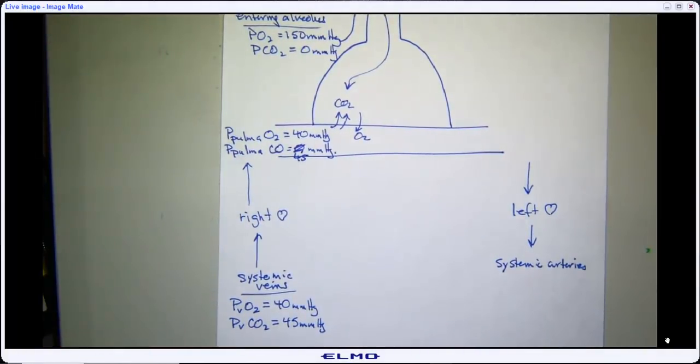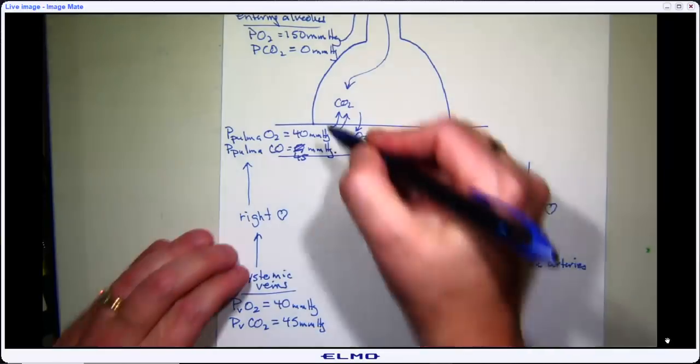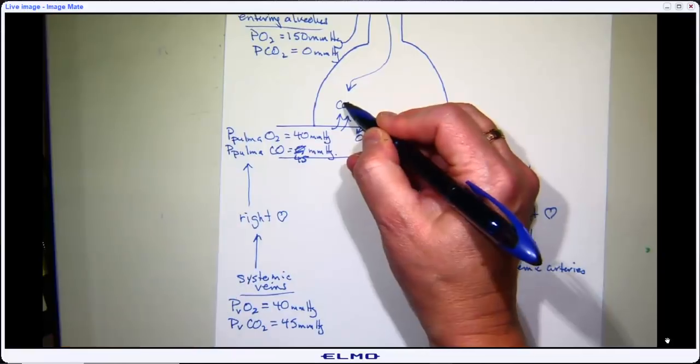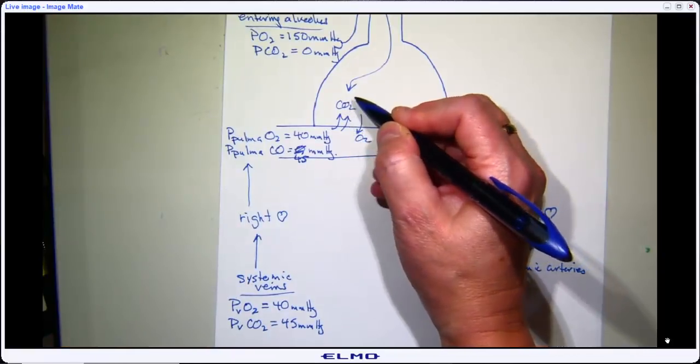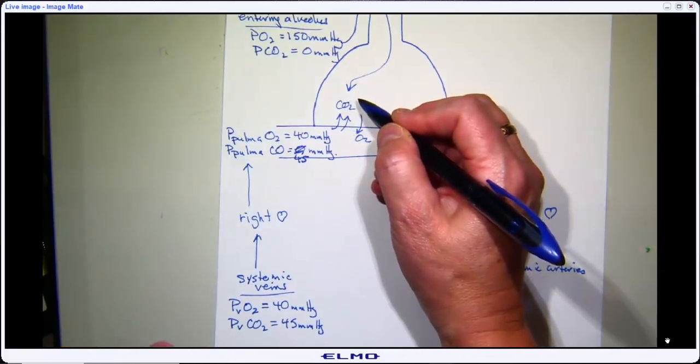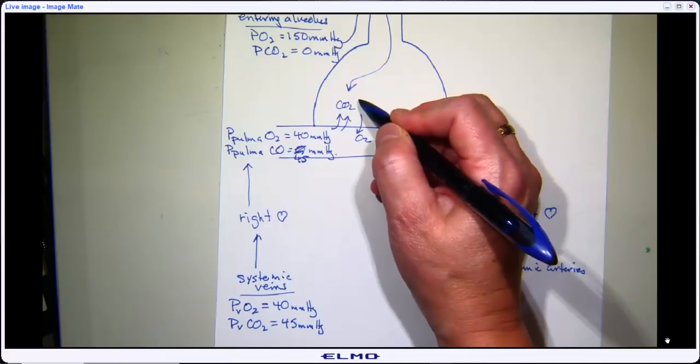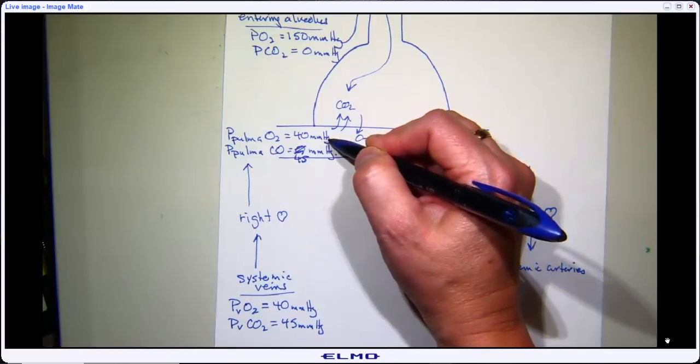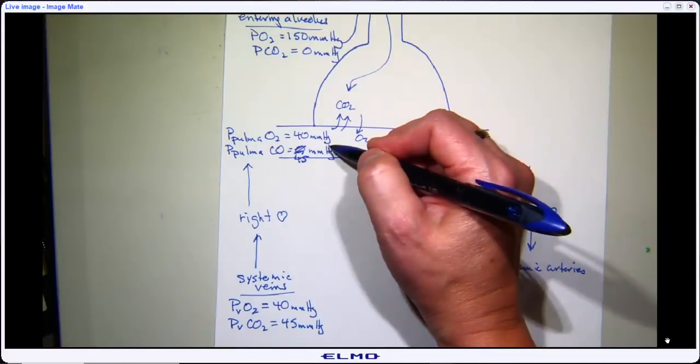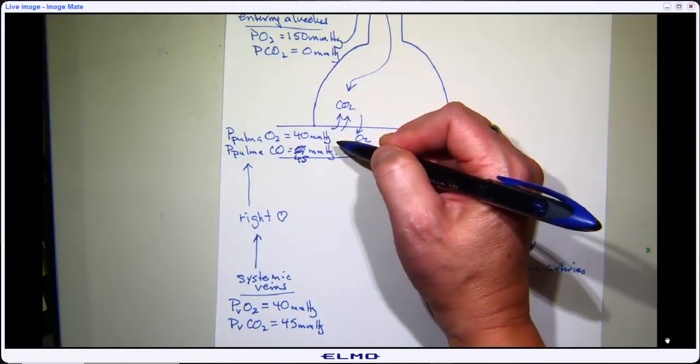We have high CO2 in the blood, low CO2 in the alveolus, so CO2 would diffuse down its concentration gradient. We would have higher oxygen in the alveolus, lower oxygen in the blood, so oxygen would move down its concentration gradient, right? So we're constantly exchanging here.